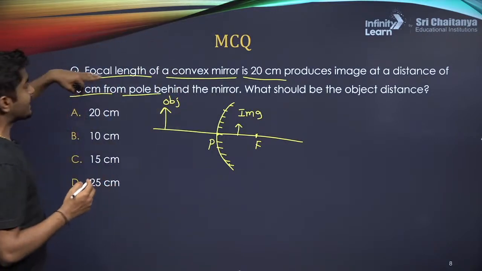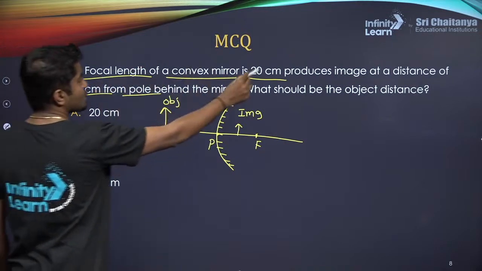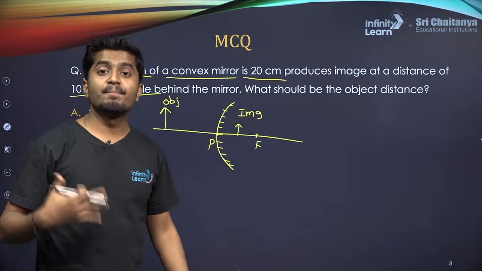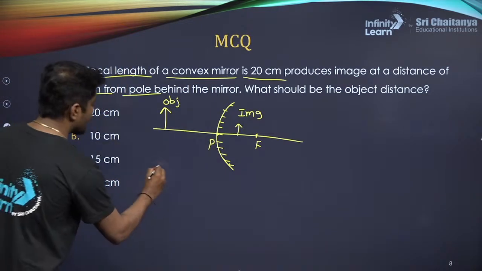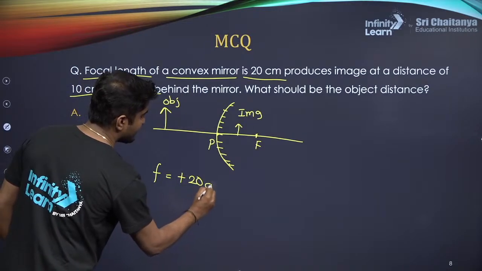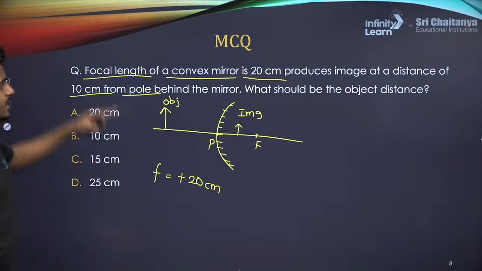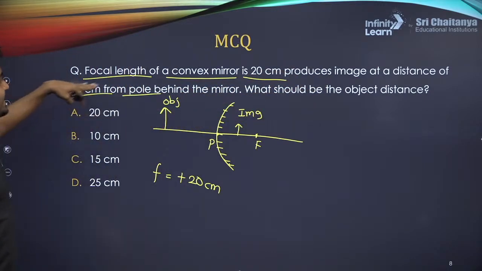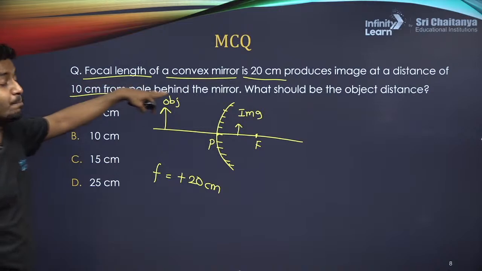Right. So now what are the given points? The focal length is 20, but it is a convex mirror, so the focal length is going to be positive. So the focal length is plus 20 centimeters. Now it produces an image at a distance of 10 centimeter from the pole behind the mirror.